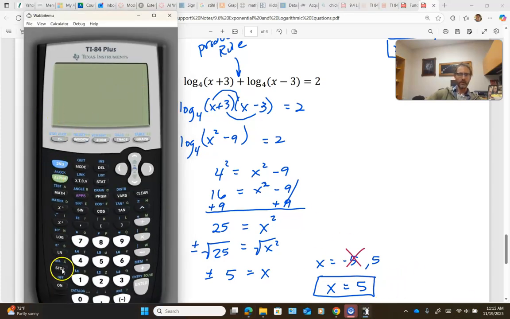You know, if you were to try this, go to math, go down and get your log base, and type in there log base 4 of, well, you can plug negative 5 in for this x, so it would be negative 5 and then plus 3, close those parentheses, and you could say plus, do the same thing for the second logarithm.